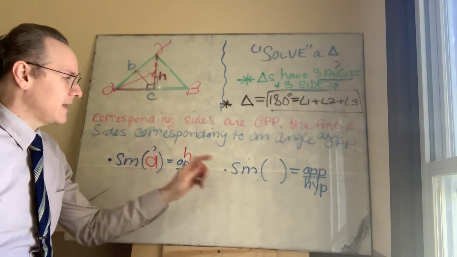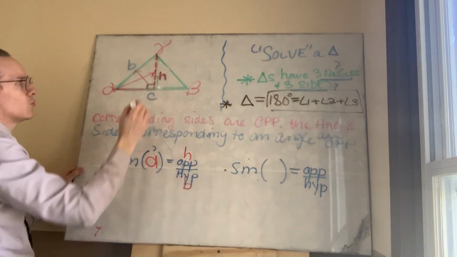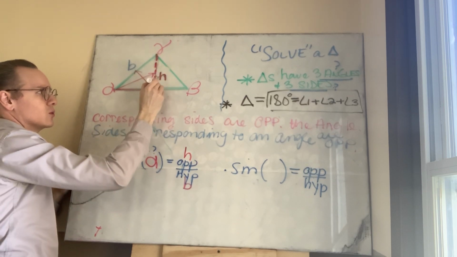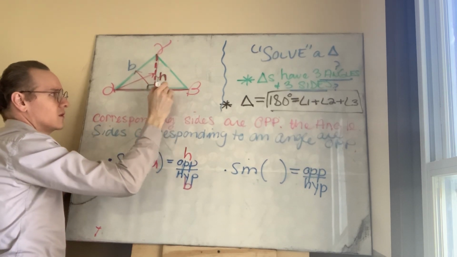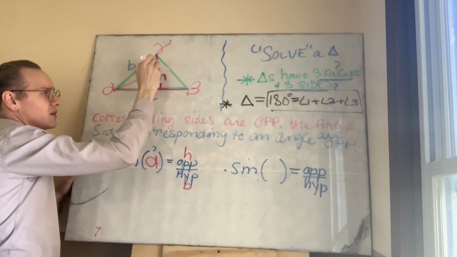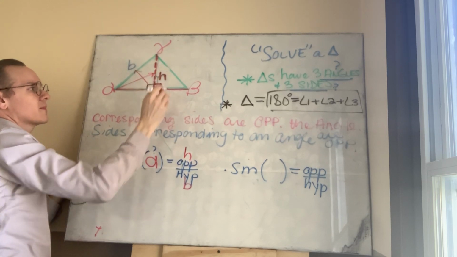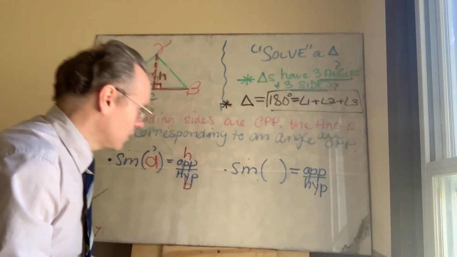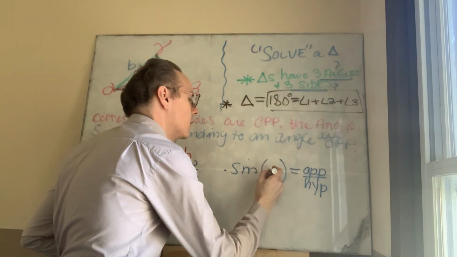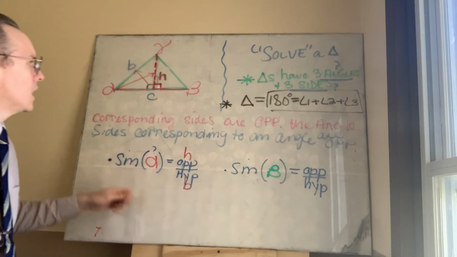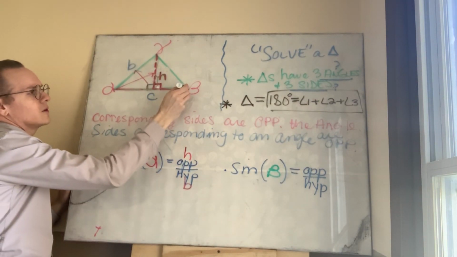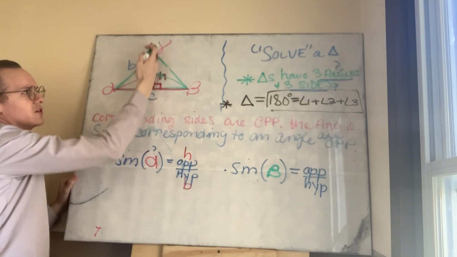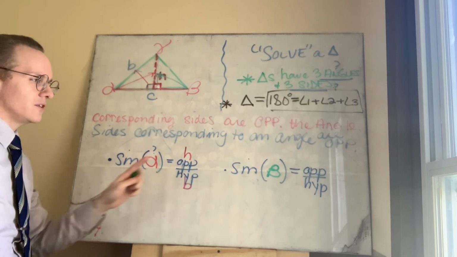If I did the same thing, referring to the same side that is H here, because there is a second right triangle tucked in here, and this is the same brick wall, if you will, from the perspective of beta, the dimension that is immediately opposite of beta, if it hits this wall, is H again.